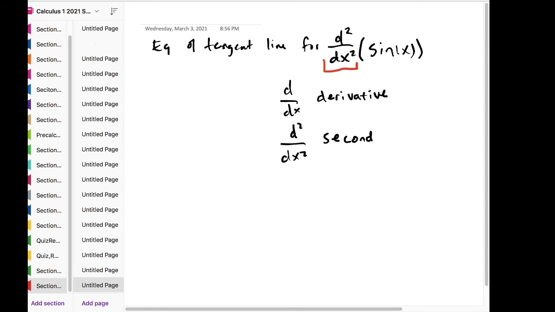Can someone remind me what the second derivative is? What does that mean, the second derivative? Yeah, it's the derivative of the derivative.